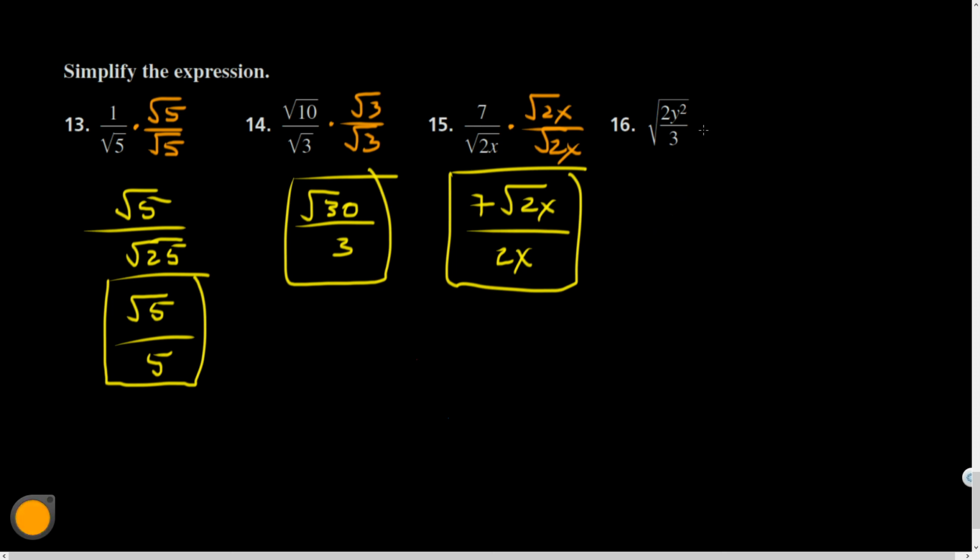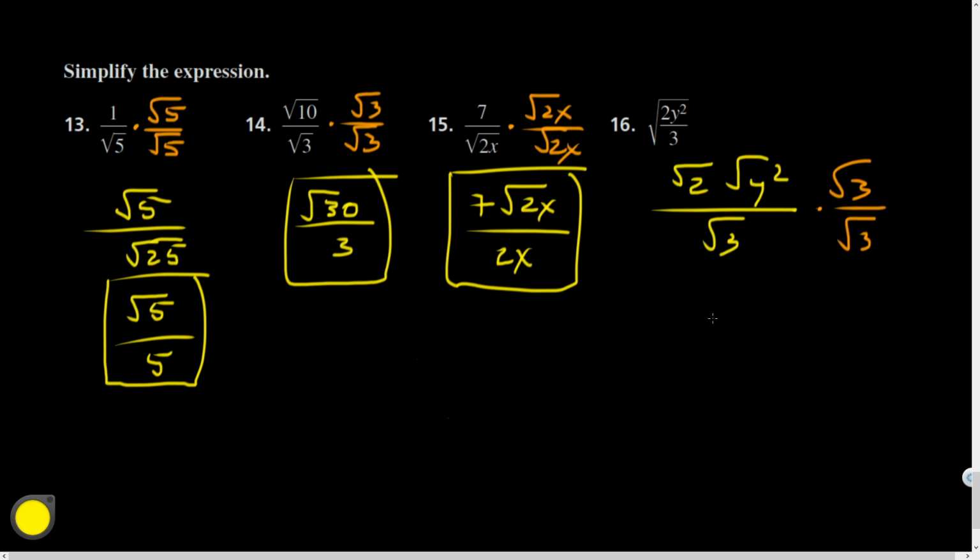Let's see. And this one, tell you what, let's break this up into the square root of 2 times the square root of y squared all over the square root of 3. To get the radical out of the denominator, I'd multiply by rad 3 over rad 3. And so I'll have, let's see, what can simplify up top?